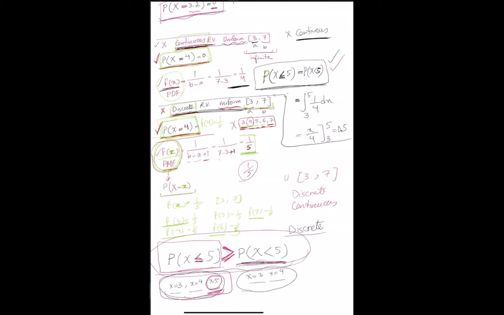This probability here is 0. This probability here is a very valid number. This equation holds in the discrete scenario. So make sure to pay attention to what those mean. Any questions, guys?